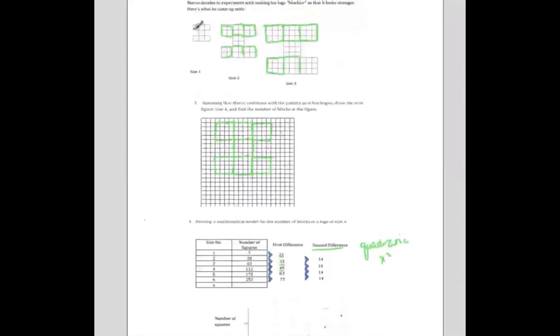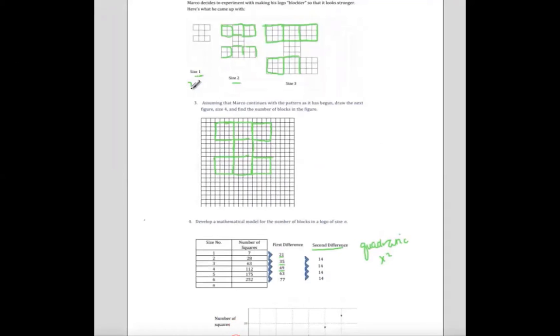Or x squared. Okay, so I went through these and I figured out, I came back to this once I figured out that it was quadratic to kind of look at what I had. Once again, for coming up with an equation, if I looked right here, I had 7 1 by 1 squares. Size 1 had 1 by 1 squares. Size 2 had 7 2 by 2 squares.